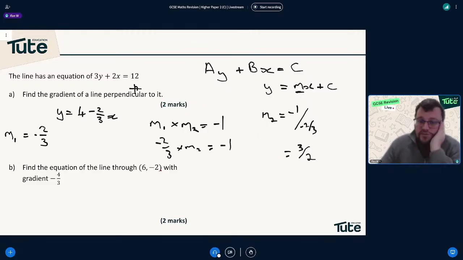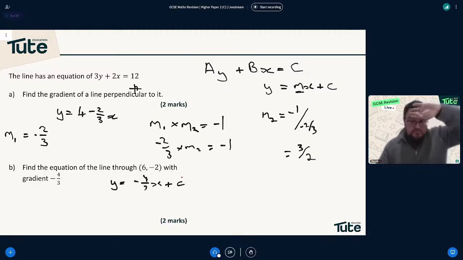Then find the equation of the line that goes through 6, negative 2 with a gradient of negative 4 over 3. That means that y is equal to negative 4 over 3x plus c. Looks good, doesn't it? We don't have the c. Unless we have the value of c, the y-intercept, we don't have a complete equation.